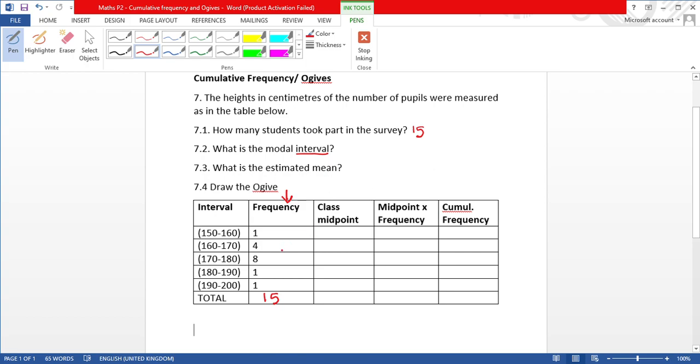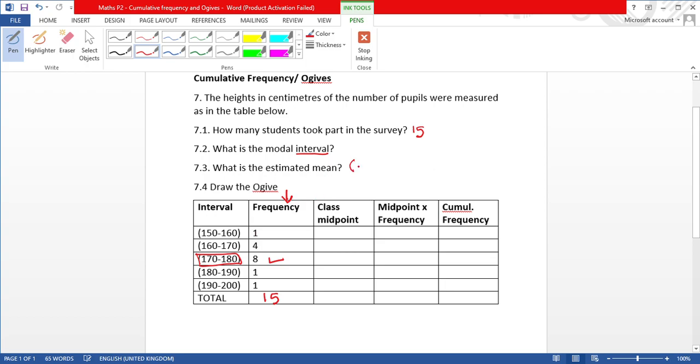The way you're gonna identify it is we have to look at your frequency. Which one is the highest value of your frequency? You have 8. 8 is the highest value. So, which means this will be our modal interval. 170 to 180.